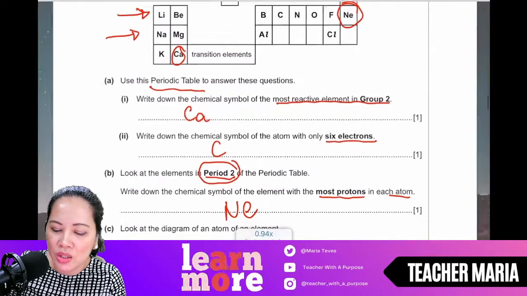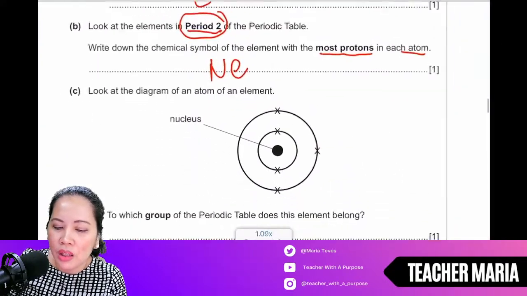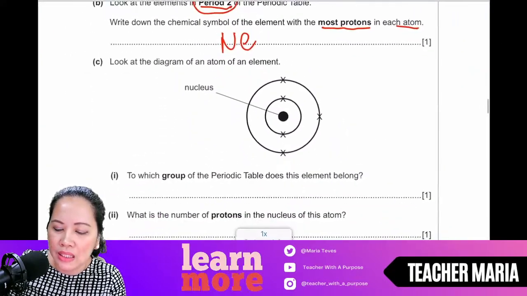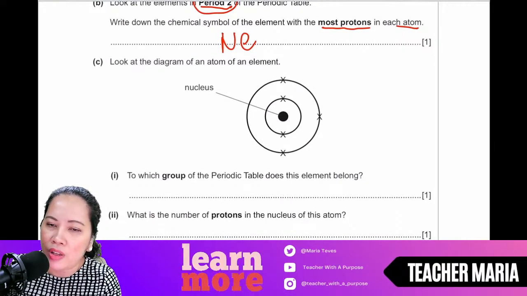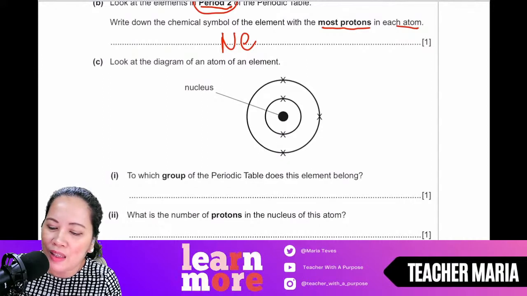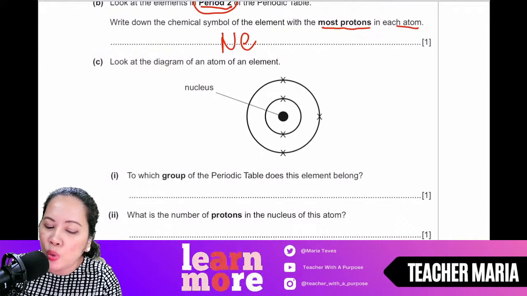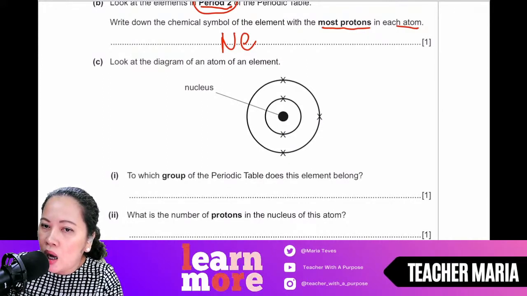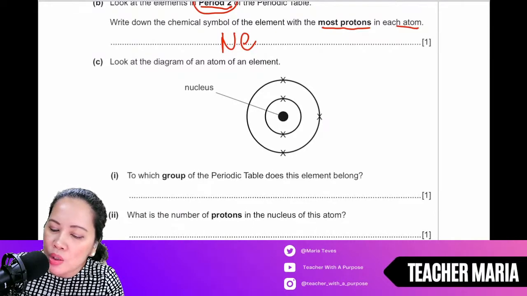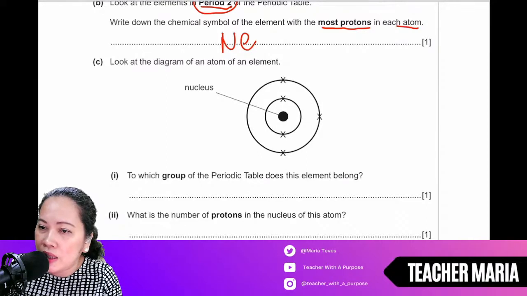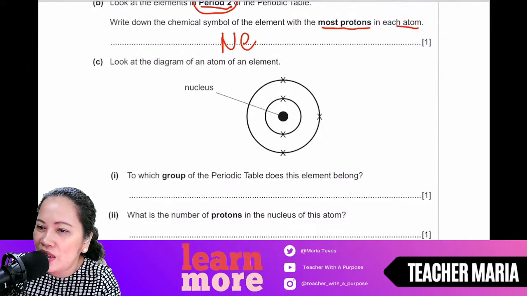Okay, last question. Look at the diagram of an atom. You have nucleus and you have your electrons outside. Okay, 1, 2, 3, 4, 5. To which group of the periodic table does this element belong? So on the outer part, H and He is irrelevant.